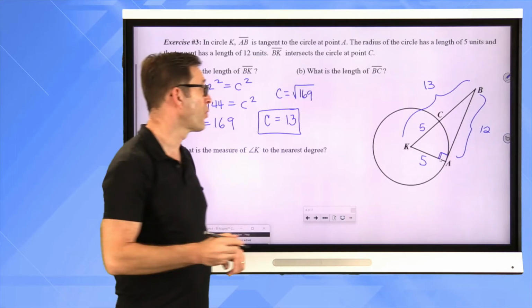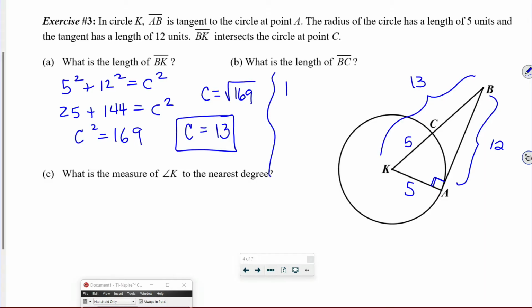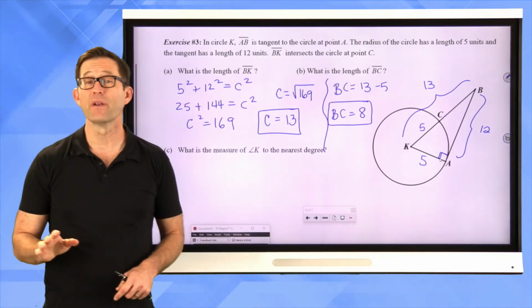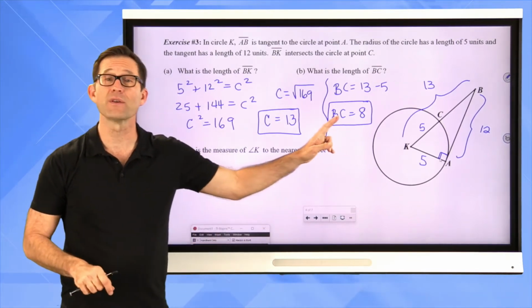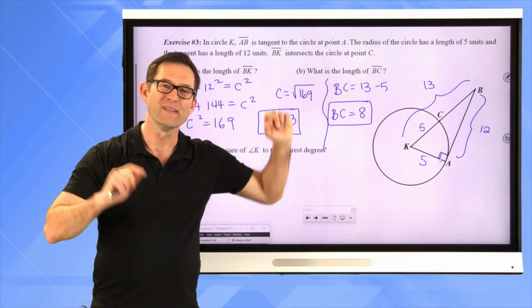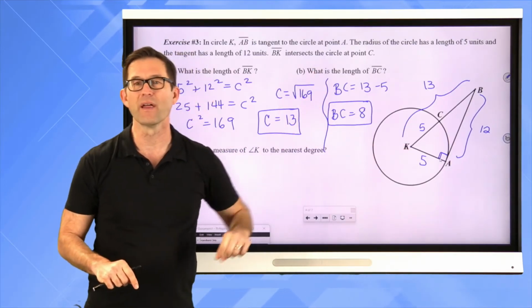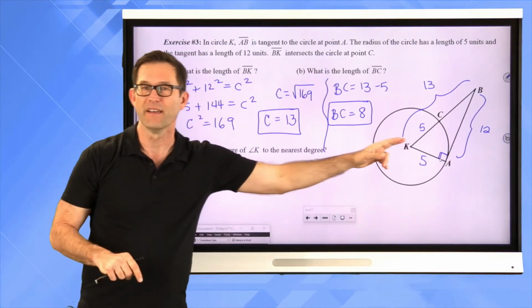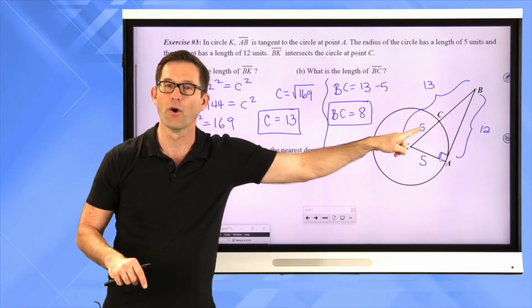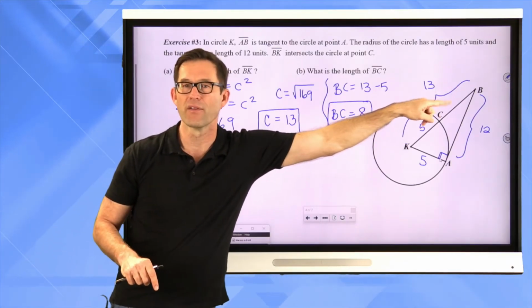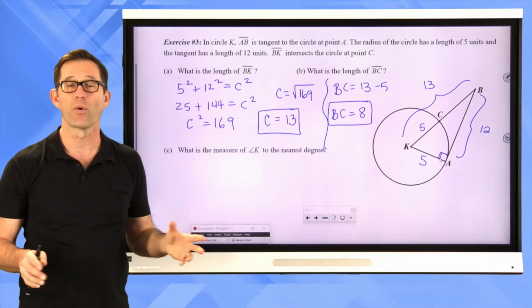And therefore, we can say that BC is equal to 13 minus 5, so BC must be equal to 8. All right, and that's simple enough. All this is really doing is forcing you to say to yourself, oh, I know all radii are the same length, and therefore, if that whole thing is 13 and I know a portion of it is equal to 5, the other portion must be 13 minus 5, or 8.